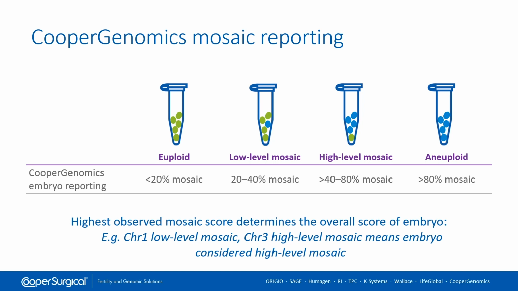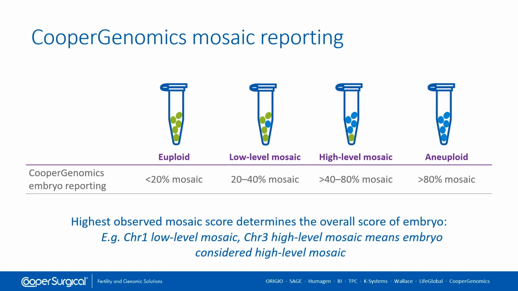One thing to note is that some embryo samples will have more than one mosaic finding. When this happens, the overall score assigned to that sample, meaning whether it's identified to be a high-level mosaic or a low-level mosaic, will correspond to the highest mosaicism score identified.